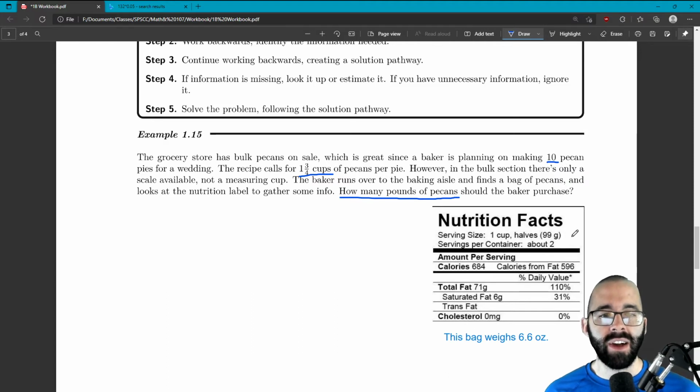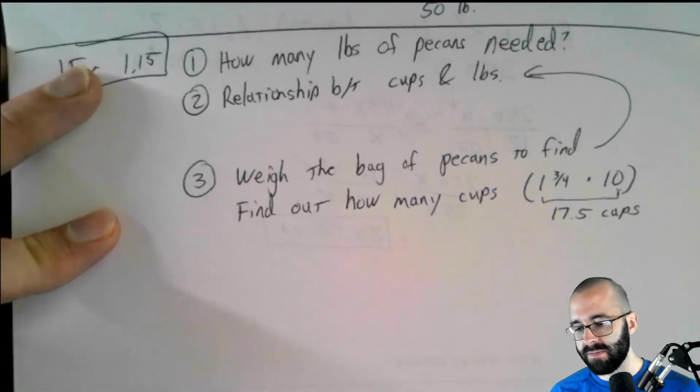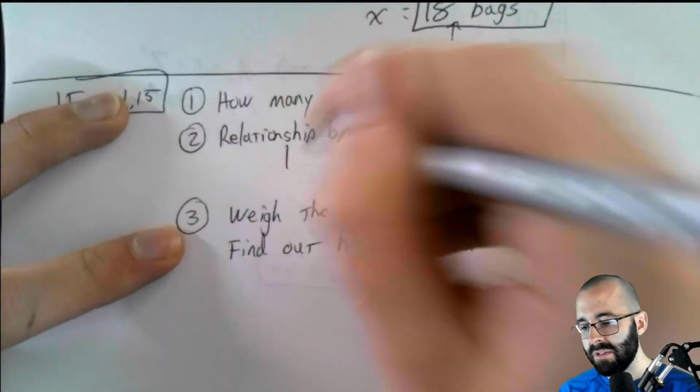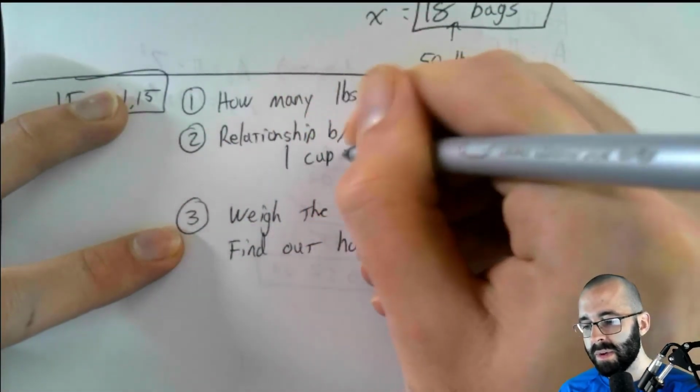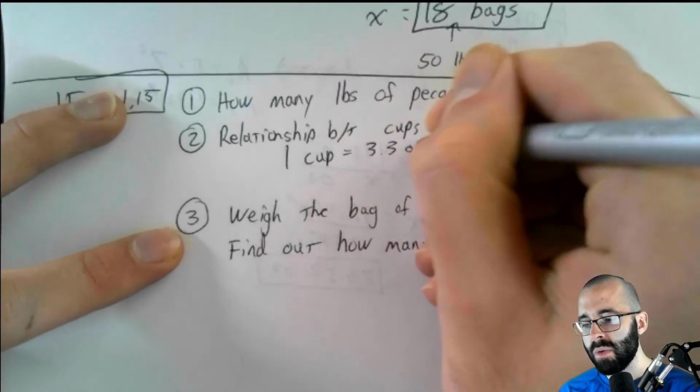So this bag, right? This bag is 2 cups. So if 2 cups weigh 6.6 ounces, that means 1 cup is going to be half of that. 1 cup is going to be about 3.3 ounces. So we can fill that in. 1 cup equals about 3.3 ounces.